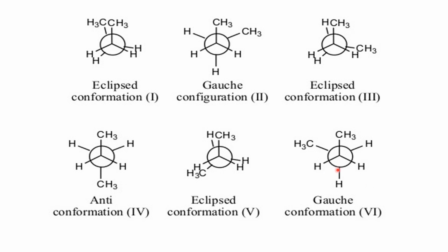This gauche conformation on further rotation will give you the fully eclipsed conformation. That means from a fully eclipsed conformation, it moves to a gauche conformation, eclipsed conformation, anti-conformation, again to an eclipsed conformation, and finally to gauche and fully eclipsed conformation.